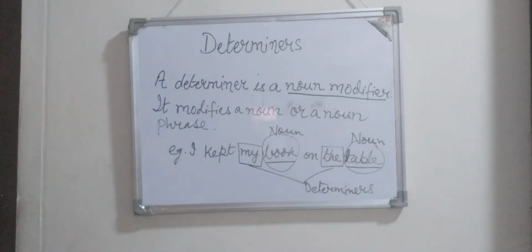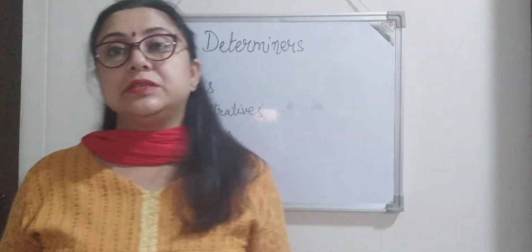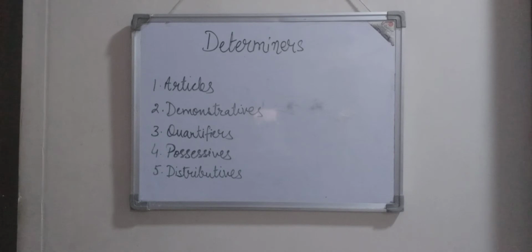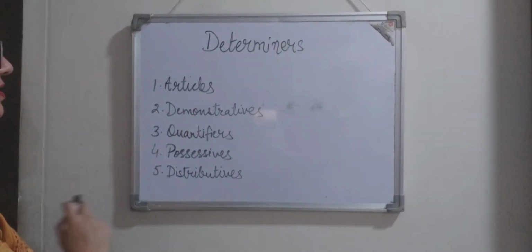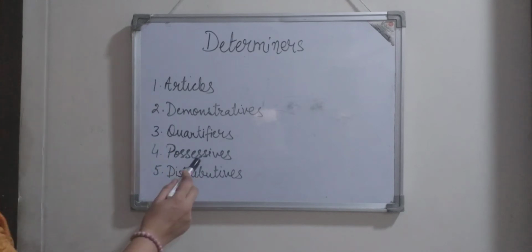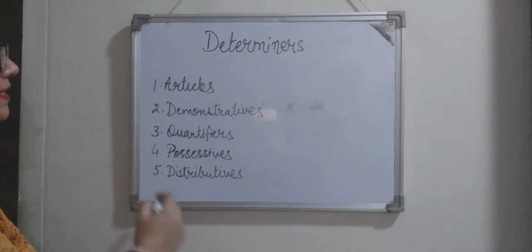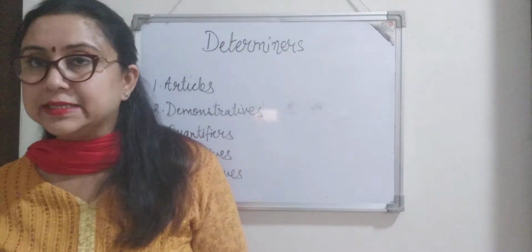Now let's proceed further. So children, there are many determiners in the English language, and what we are going to study in today's session are articles, demonstratives, quantifiers, possessives, and distributives. So we will be studying these as determiners today in this session.